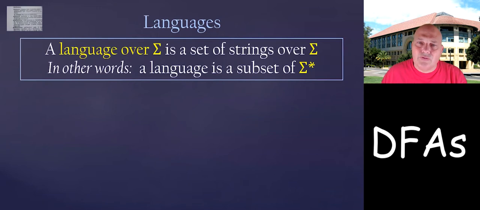A language over sigma is just a set of strings over sigma. Of course, real-life languages have much more to them than just a collection of words. But for us, a language is just a collection of strings. So it is a subset of sigma star.